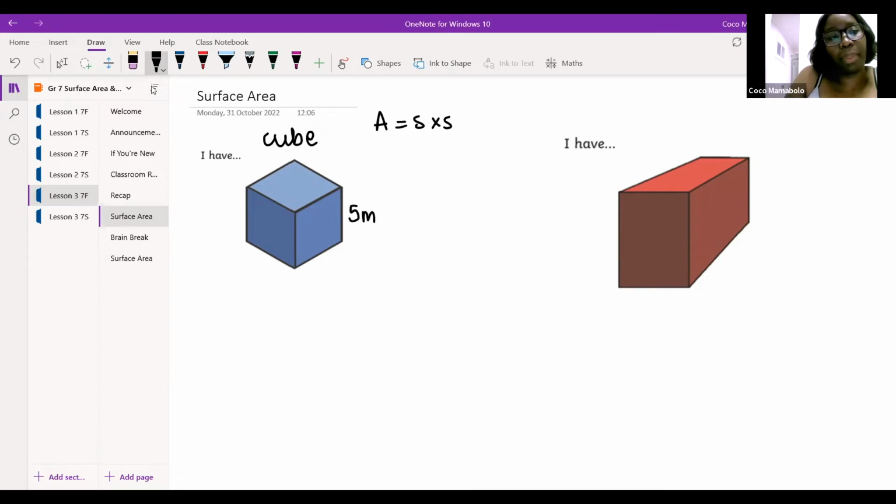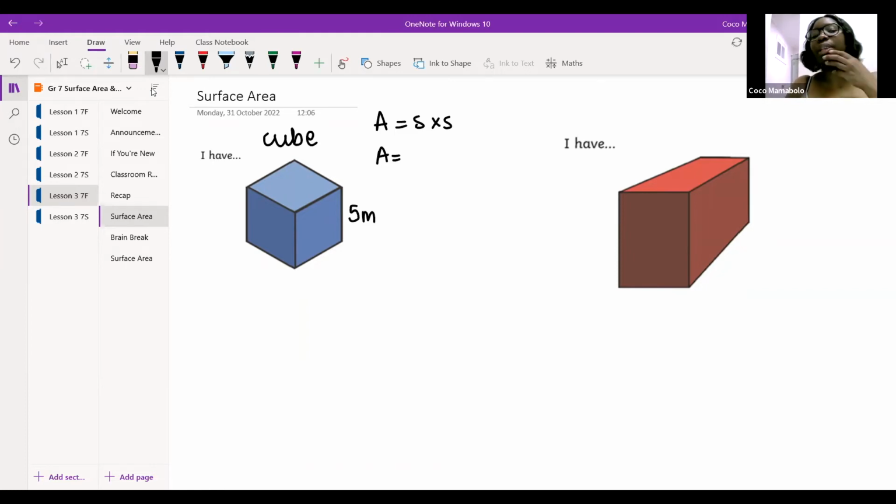Hi, Keisha. Hi, ma'am. Tell me, what am I going to do first here? I'm going to say s times s or x squared equals 3 times 3 equals 9 centimeters squared.